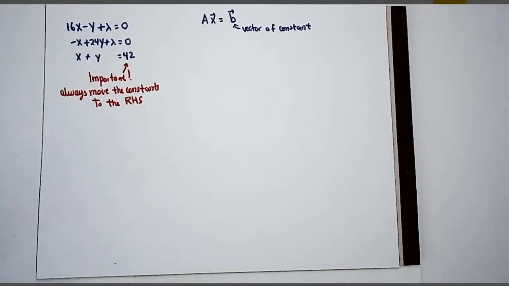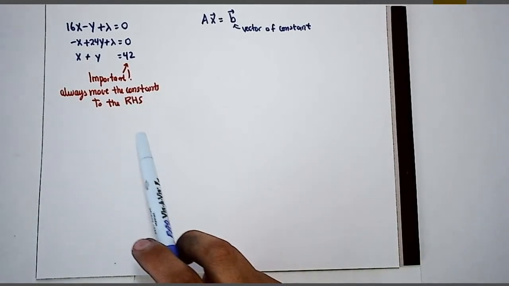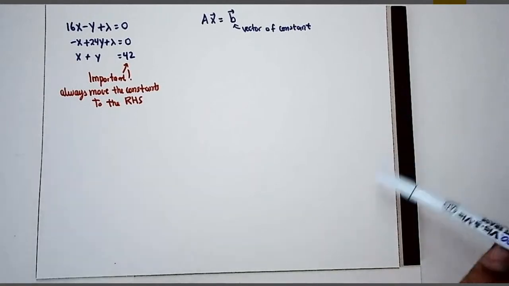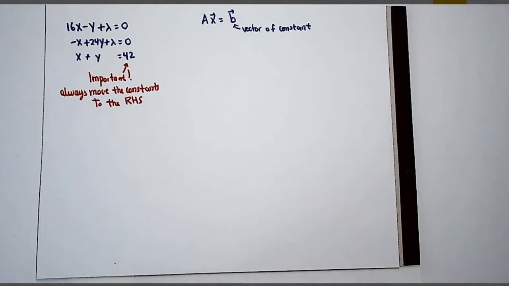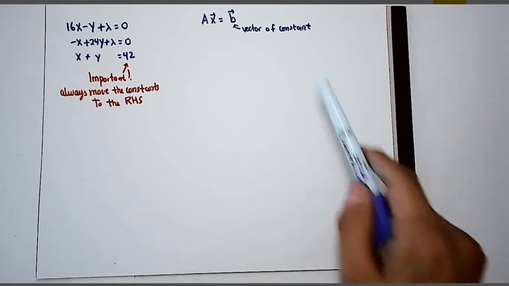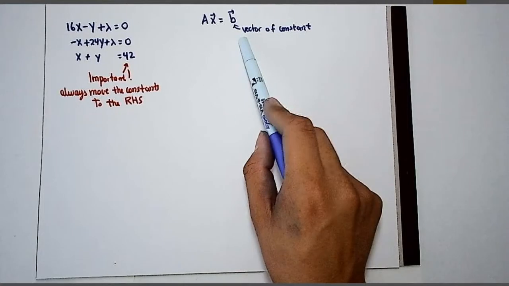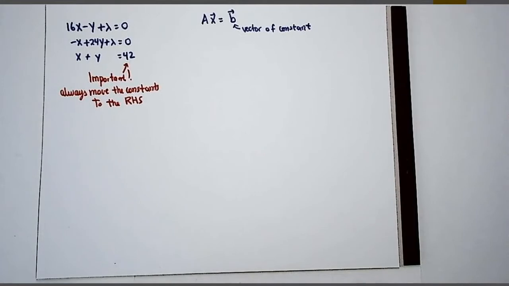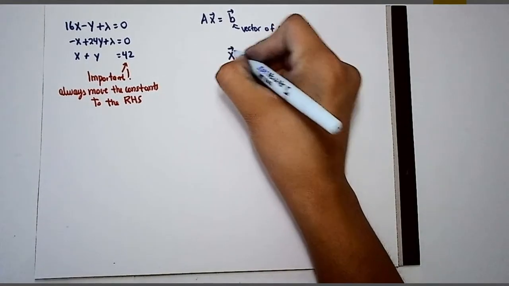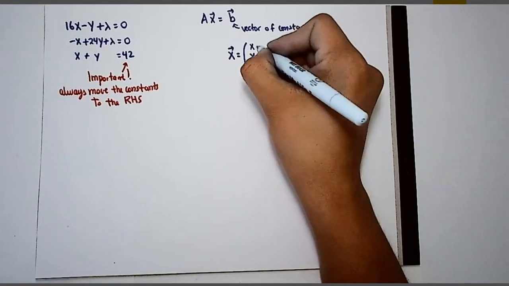Something pretty important that you need to remember is that you always need to move the constants to the right hand side. This is because we will need to express it in the matrix form when we want to use Cramer's rule. And as you can remember, the vector of constants is always on the right hand side. Now let's identify the vector of variables. Here we have x, y, and lambda.